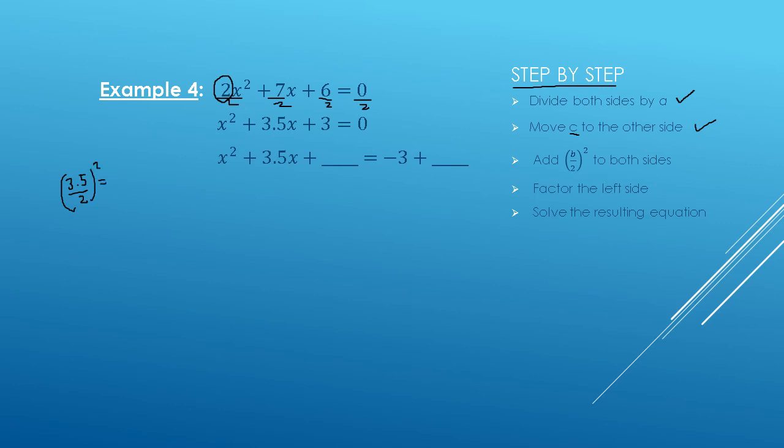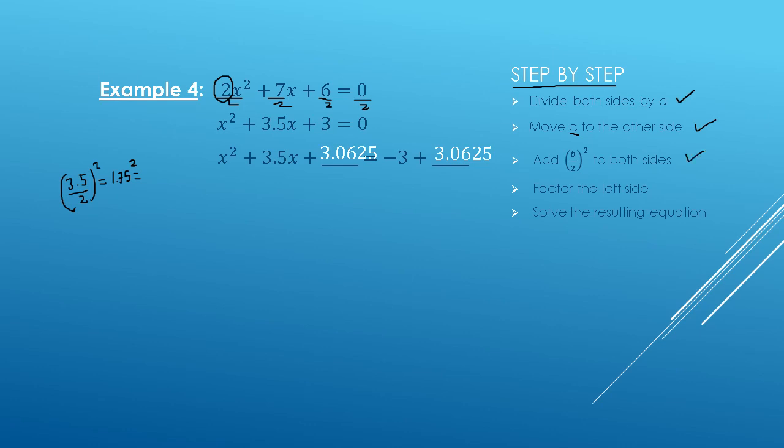So half of 3.5 is what? 1.75? Yep, use your calculator. And if I square 1.75, I get 3.0625. Gag. Okay, no worries.